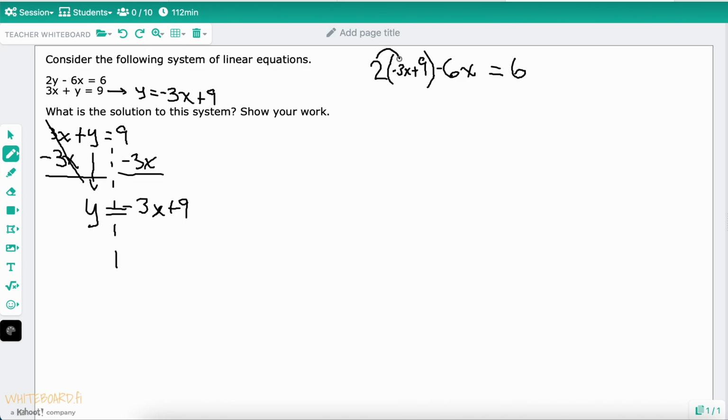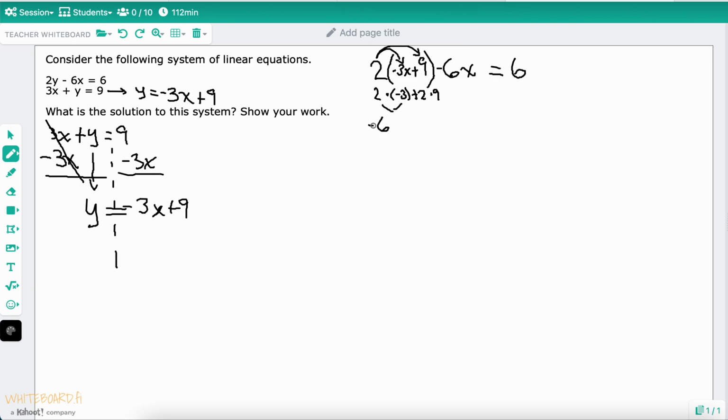I have to now use the distributive property, and I'm going to multiply each number in the parentheses that is separated by the plus sign by 2. So 2 times negative 3, and let me write it underneath so that you know where the number is coming from, and 2 times 9. This gives me negative 6.